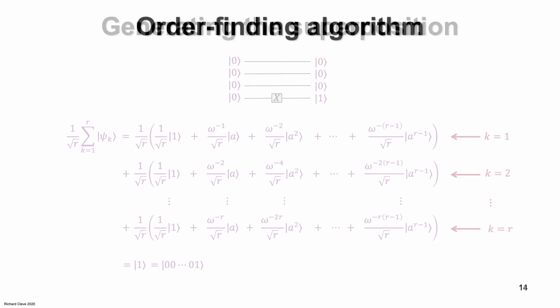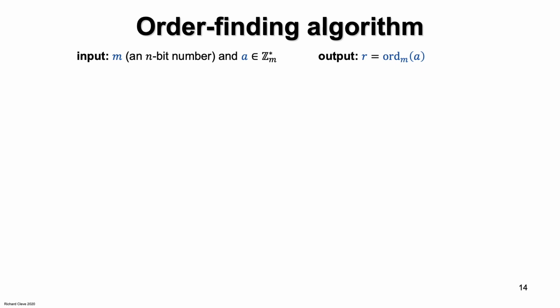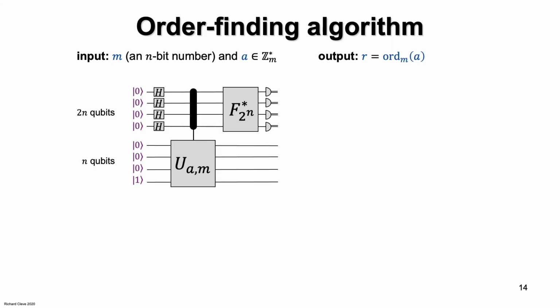The order-finding algorithm looks like this. The quantum circuit is the phase estimation algorithm with the target register set to a string of ket zeros followed by a ket 1. This gives us as output an estimation of k over r, where r is the order and k is randomly sampled between 1 and r.